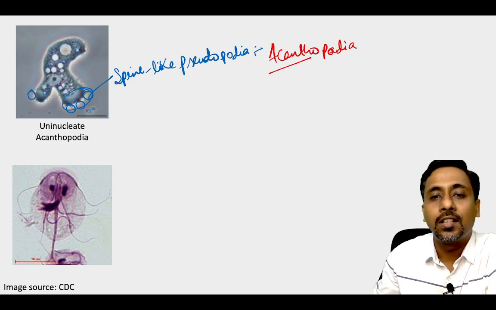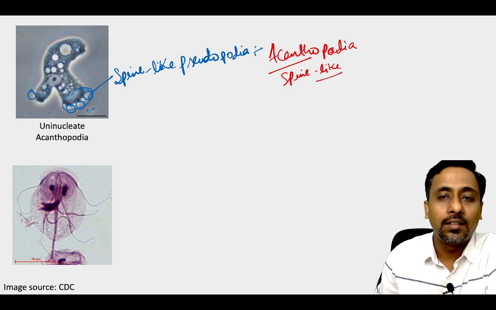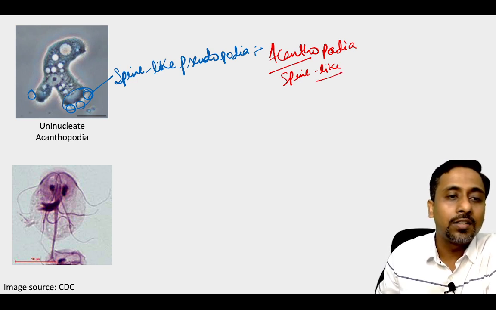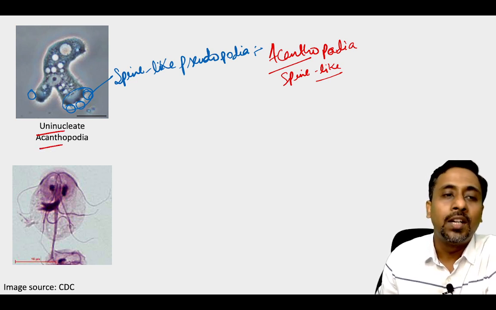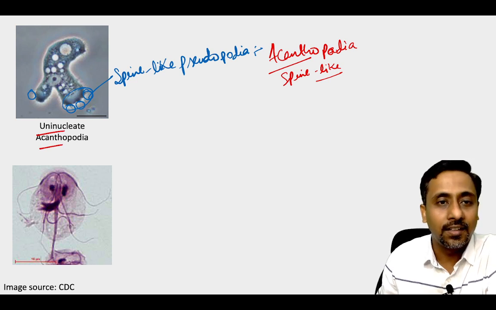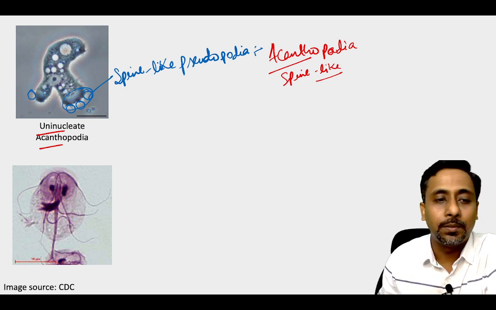Acantho means spine-like, and that's why the parasite is called Acanthamoeba. And it is also uninucleate. So all the trophozoites of amoeba, either intestinal amoeba or free living amoeba, have a single nucleus. The only difference is the presence of flagella in case of Naegleria fowleri and presence of spines in case of Acanthamoeba.